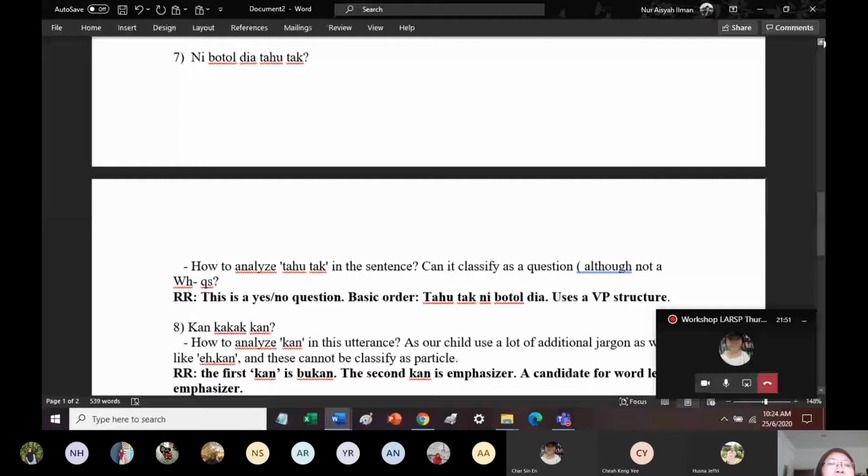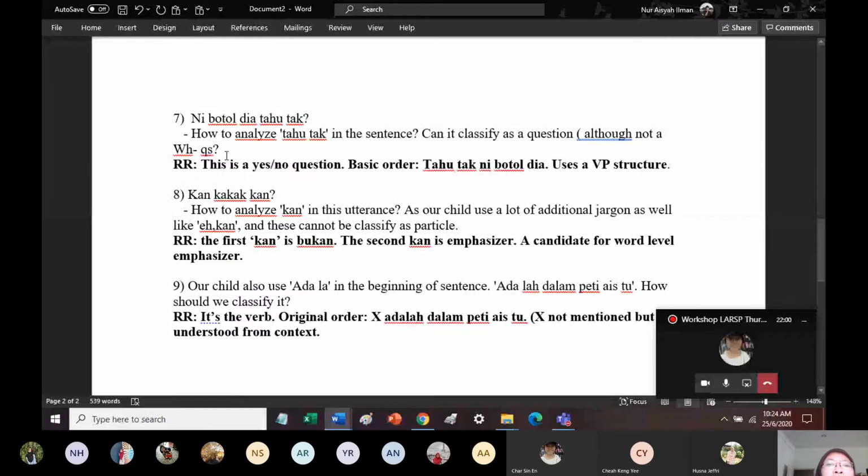So kita sometimes kena reorder balik because jawapan tadi, contoh tadi, ni botol dia, tahu tak? Dah ada movement kat sini kan. So actually you order dia balik. Bagi dia basic order. And then you have tahu tak, ini botol dia. So this is the original. So ini botol dia comes from here actually. Kalau kita nak buat index kan, comes from here. So you refer back to your generative grammar and morphosyntax kan.